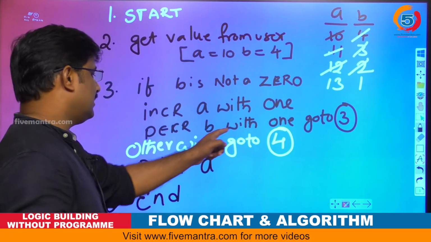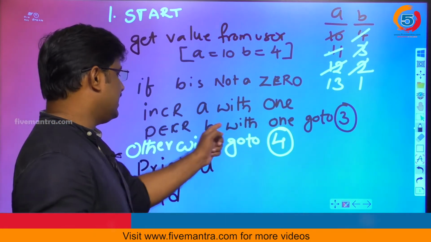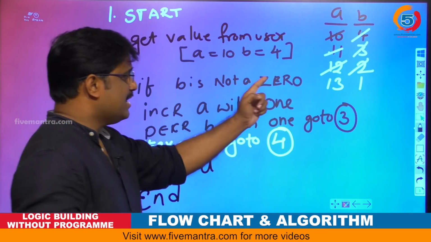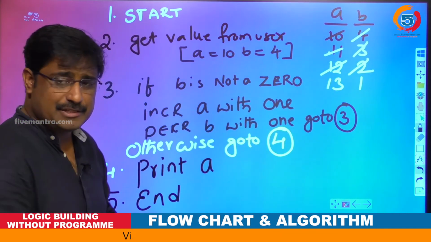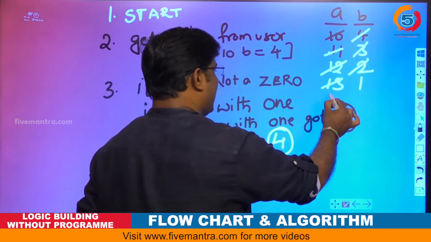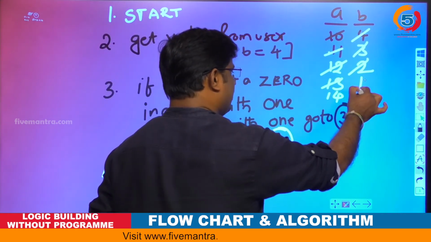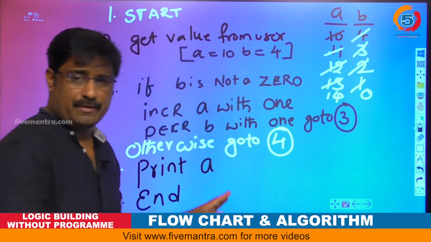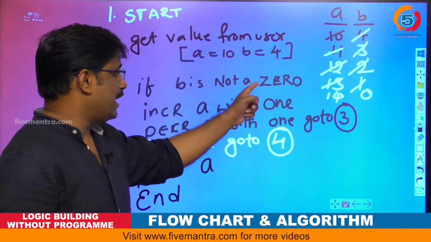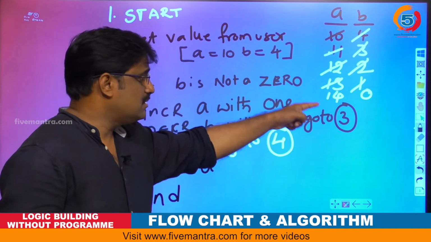Next, once again decrement b with the 1 and go to 3. Once again we are checking b is not a 0, it is a 1. Then what we have to do? Increment the a value, that is a 14, and decrement, that is a 0. B value is decremented. Now go to 3, right? If b is not a 0, yes, b is a 0, right?